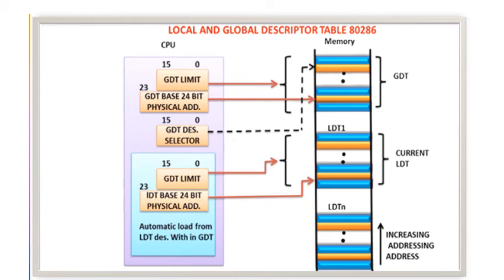The global descriptor table contains descriptors available to all tasks. The local descriptor table, LDT, contains descriptors that can be private to a task. All tasks may have their private local descriptor table. The global descriptor table may contain all descriptor types except interrupt and trap descriptors.